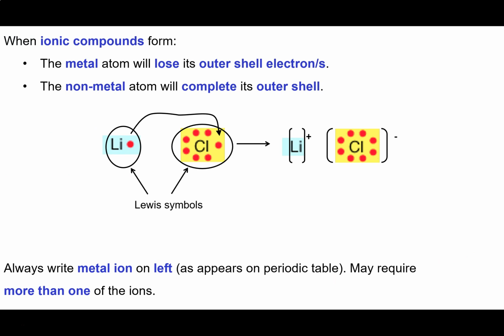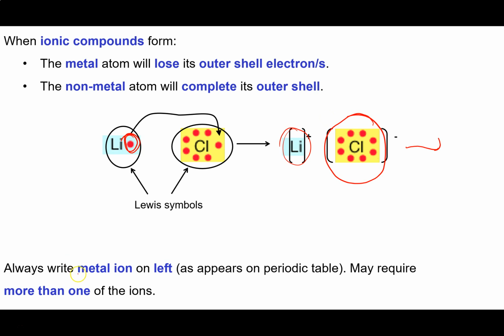So when these ionic compounds form, what's important to recognize is that the metal will lose all of its outer electrons. They're completely gone, and the non-metal always completes its outer shell. So after the transfer, your metal should have no dots around it, and your non-metal will have a full set of 8.